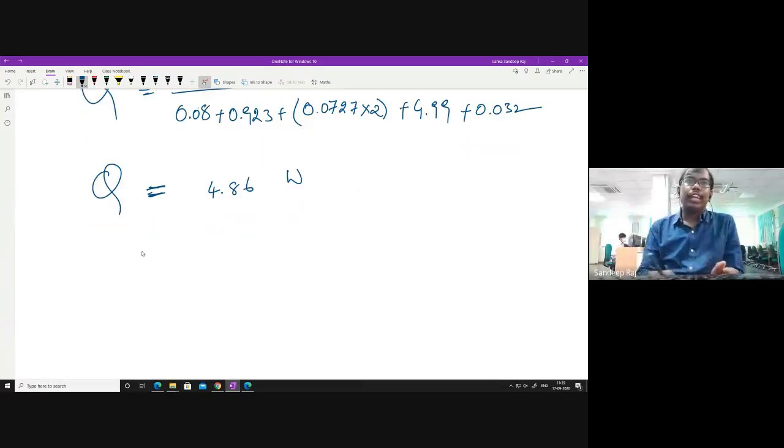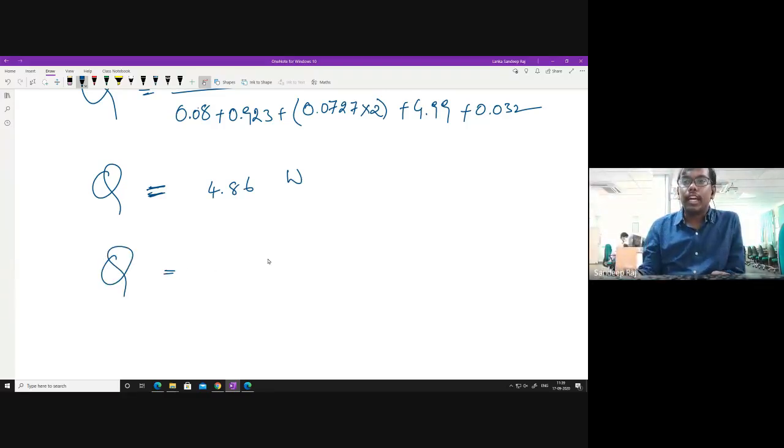In order to calculate it for the whole area, you have to take this q in terms of the area. That is, q by A. This is nothing but the heat flux, that is 4.86 by the area.